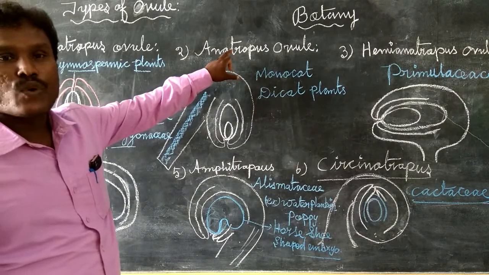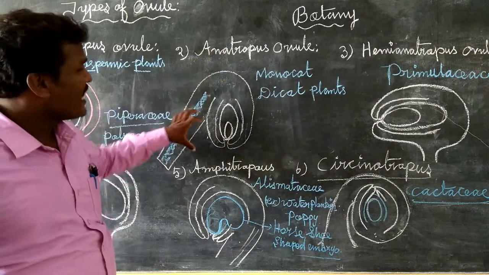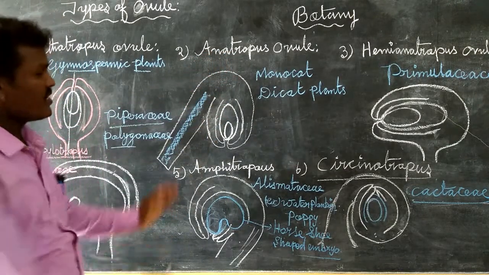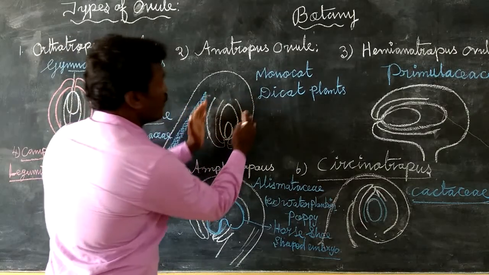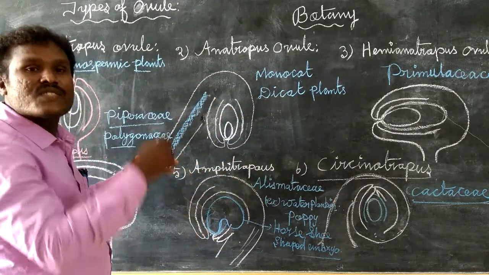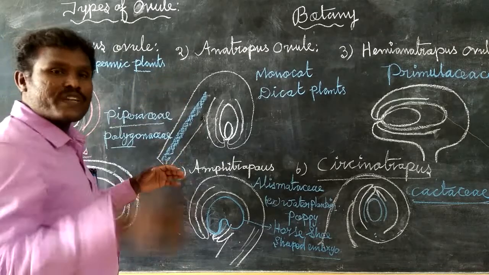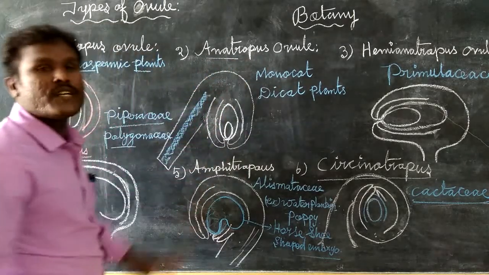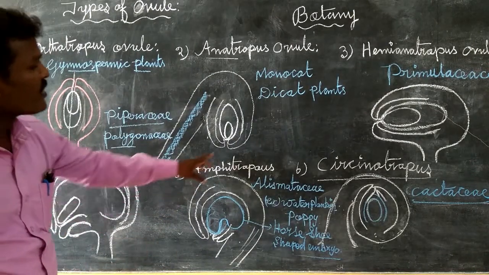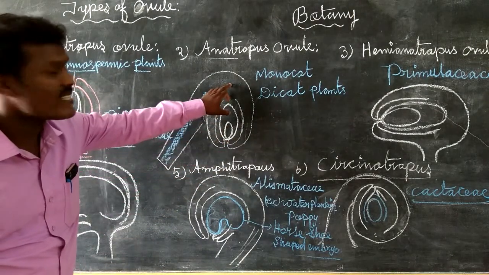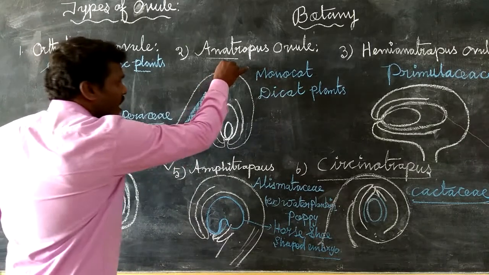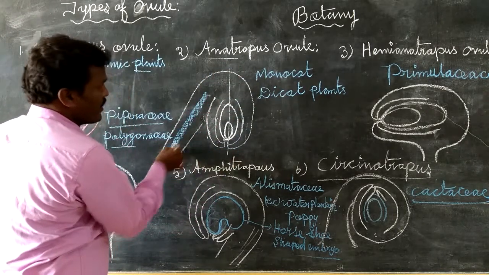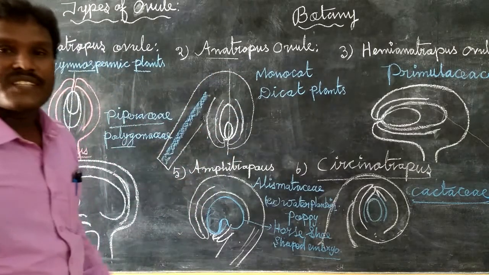Then anatropous ovule. Ana means inverted ovule. The body of the ovule is inverted, 180-degree rotated, therefore it is said to be anatropous. In the inverted ovule, the micropyle and chalaza are arranged in a straight line, whereas the funicle is on the opposite side.